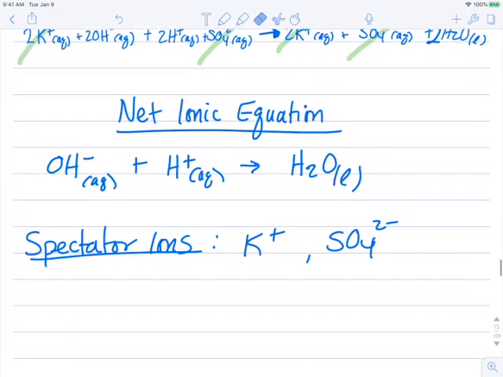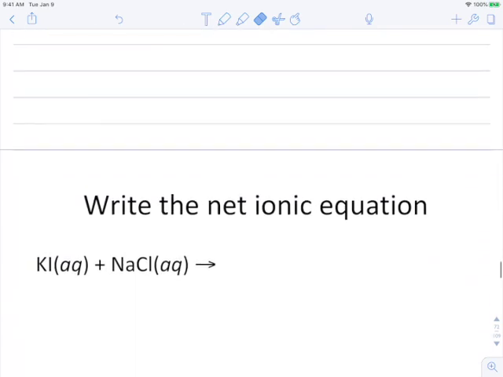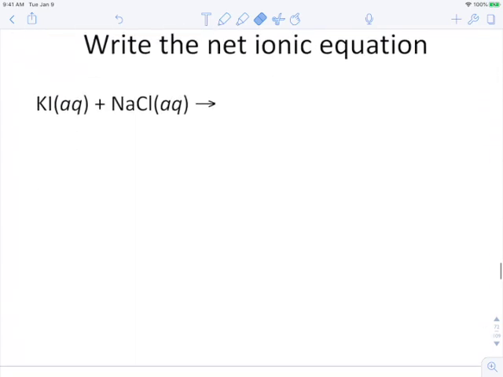All right, so any questions about what we did before break to come up with a net ionic equation? All right, so let's go ahead and try this one, and we'll do this one together as well.